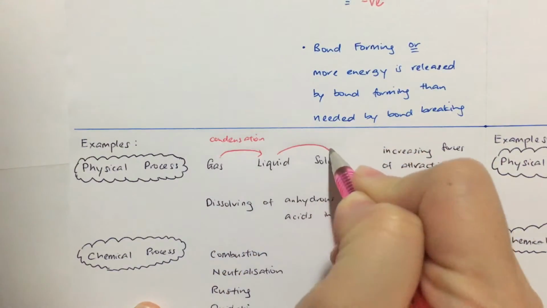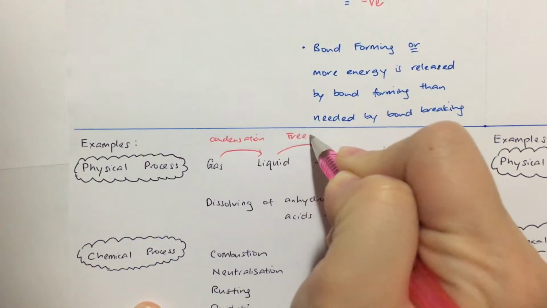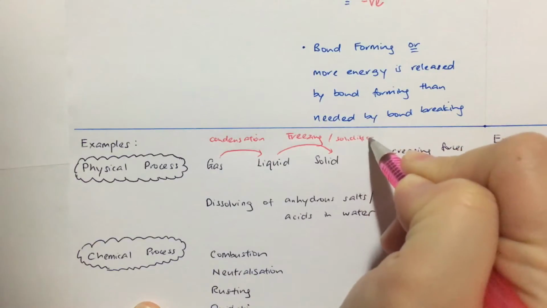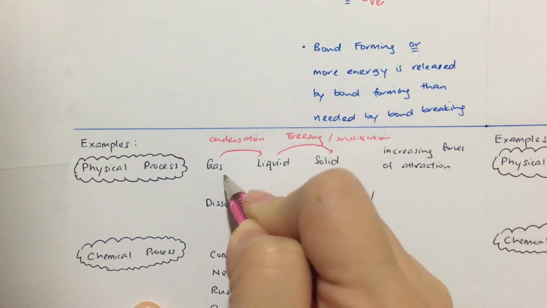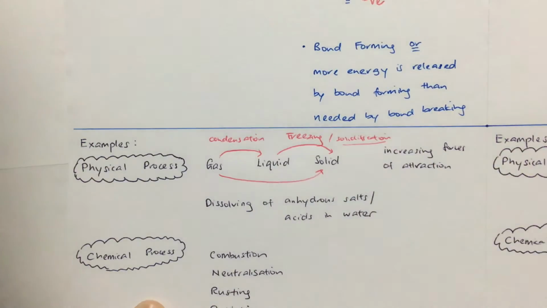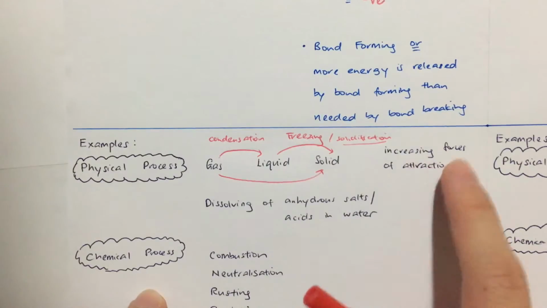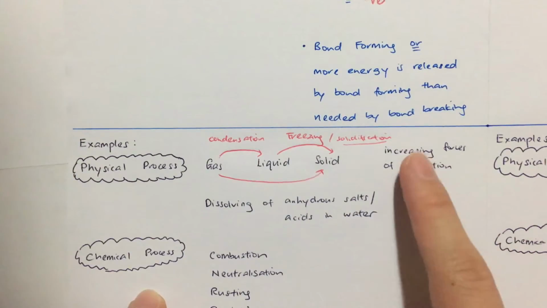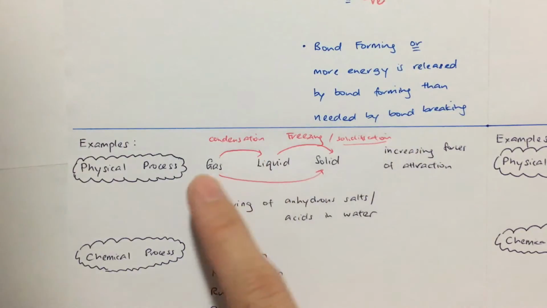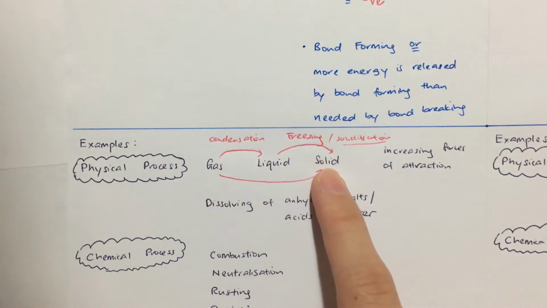Or when we have liquid to solid, we have freezing, which is also known as solidification, as well as gas to solid, which is also known as solidification. All these are trying to increase the forces of attraction. They're trying to get the particles to be nearer. Therefore, it is similar to bond forming, which is why these are exothermic.